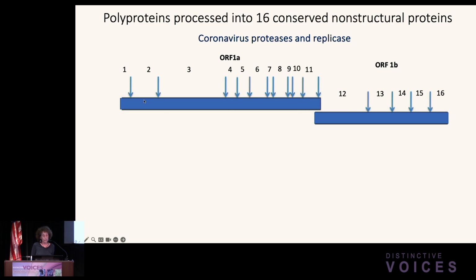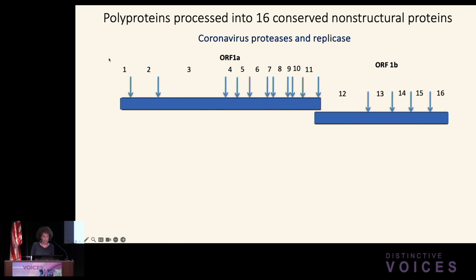As I said before, the left end of the genome encodes these 16 proteins, and they're conserved. This is really important among all coronaviruses. They're very, very similar, and they're good targets for antiviral therapies because they're so conserved, and they're enzymes.